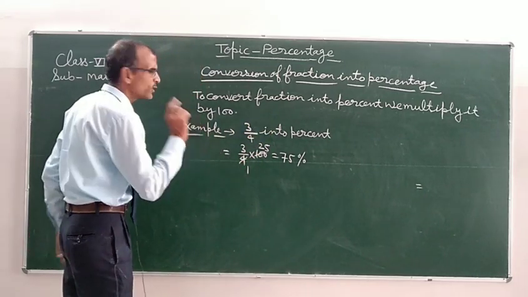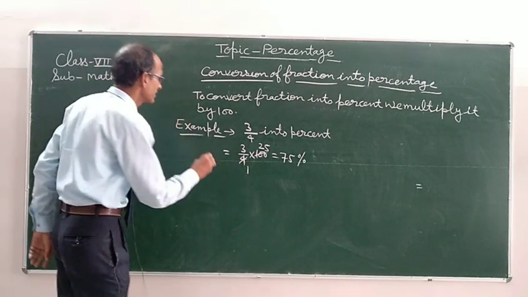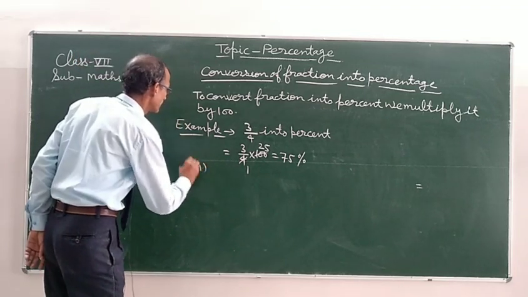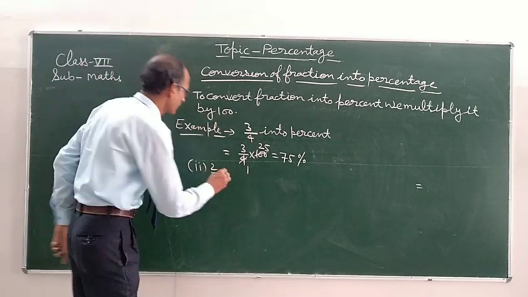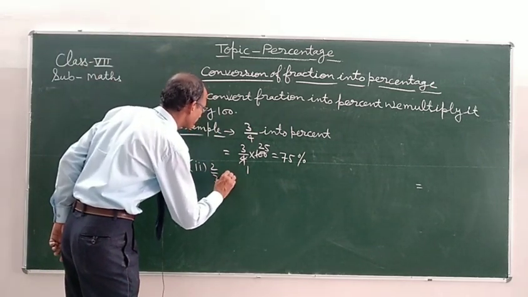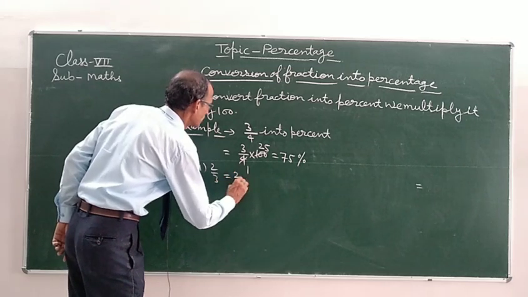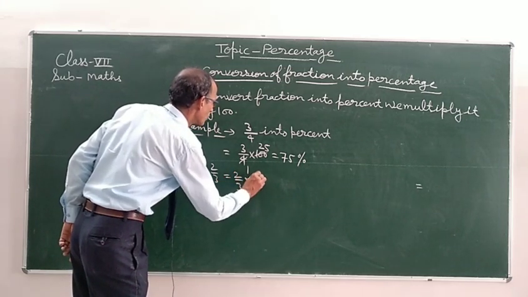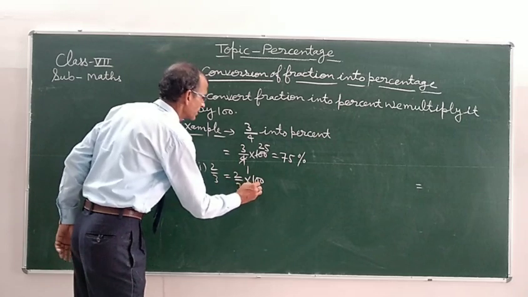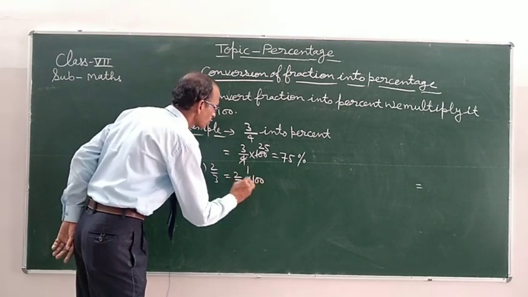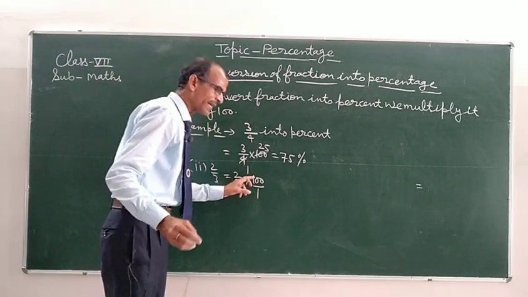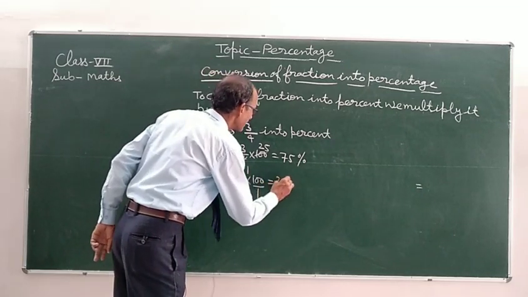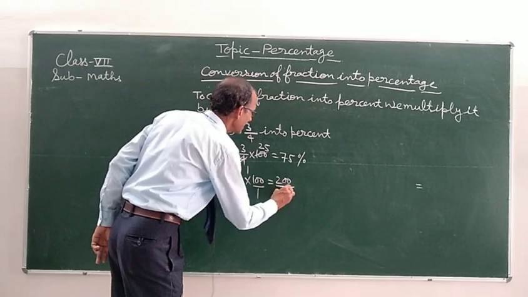Suppose you have to convert 2/3 into percentage. 2/3 is equal to 2/3 into 100. This cannot be simplified, so 100 may be written as 100/1. 2 into 100, 200 upon 3 1s are 3.